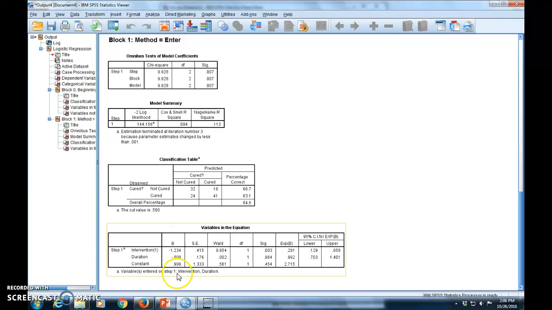So we have these beta values that represent the relationship, but these are the ones that you actually want to interpret here. So this is the effect it has on the odds.